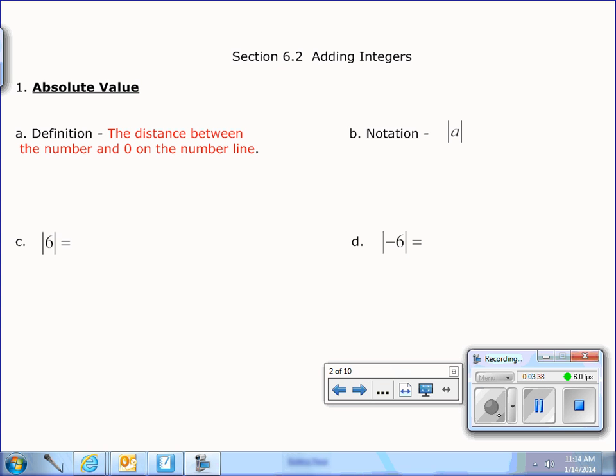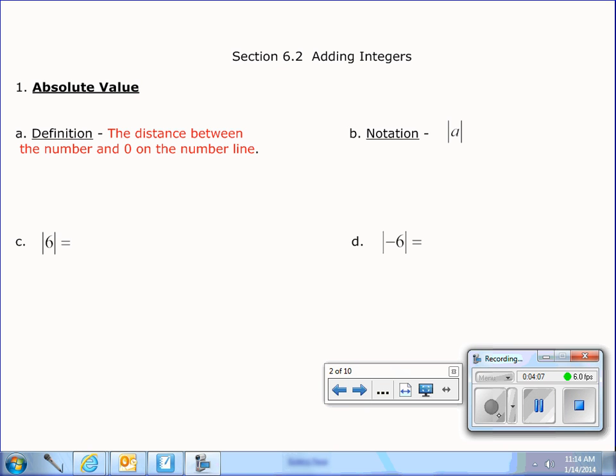Since absolute value is the distance between the number and 0 on the number line, distance is always going to be a positive number. For example, you have never walked a negative 5 miles. You do not run negative 2 miles. So anytime you are finding an absolute value of a number, it will always be a distance, so it will always be a positive number.